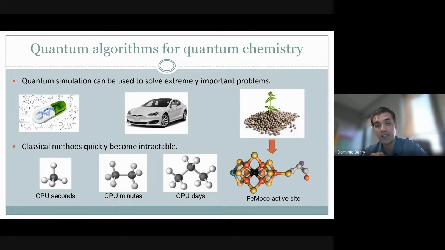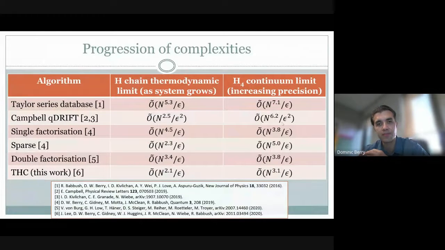But there's a big challenge in actually constructing something which has a small number of gates that can be realistically performed on a quantum computer. So that's essentially what we're doing: mapping it out to a sequence of gates and estimating about how many non-Clifford gates you'd need in a fault-tolerant implementation.